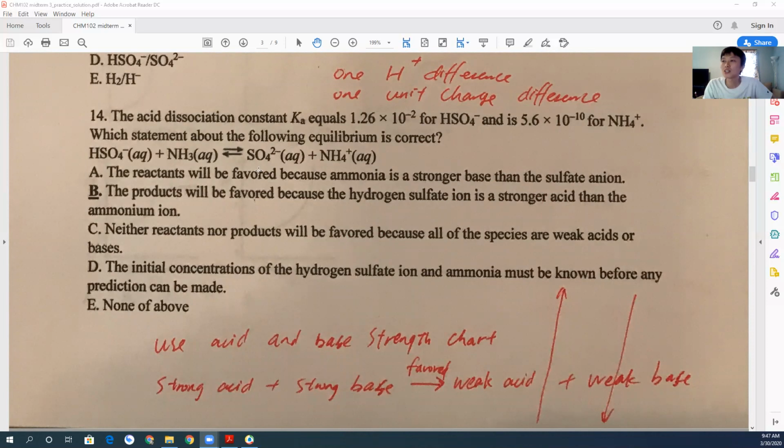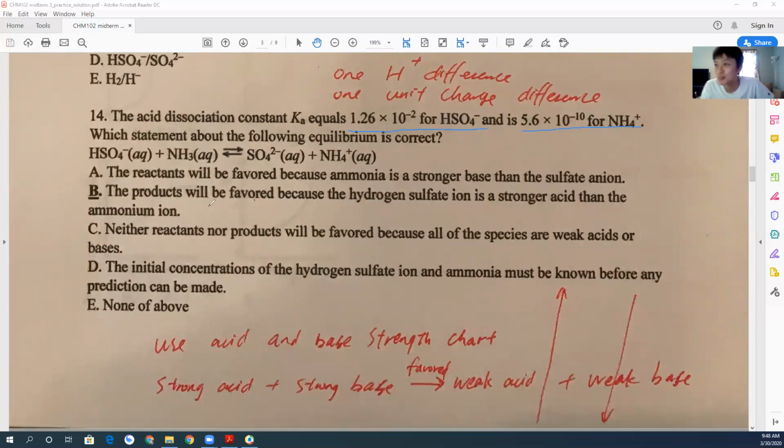If you're not sure of the relative strength of the acid and base, you can refer to that chart in chapter 18. In this case, we have the Ka values. For HSO4 minus we have a Ka value here, and for ammonium, you can see the Ka value is much smaller than the Ka value of HSO4 minus. So which statement is correct?